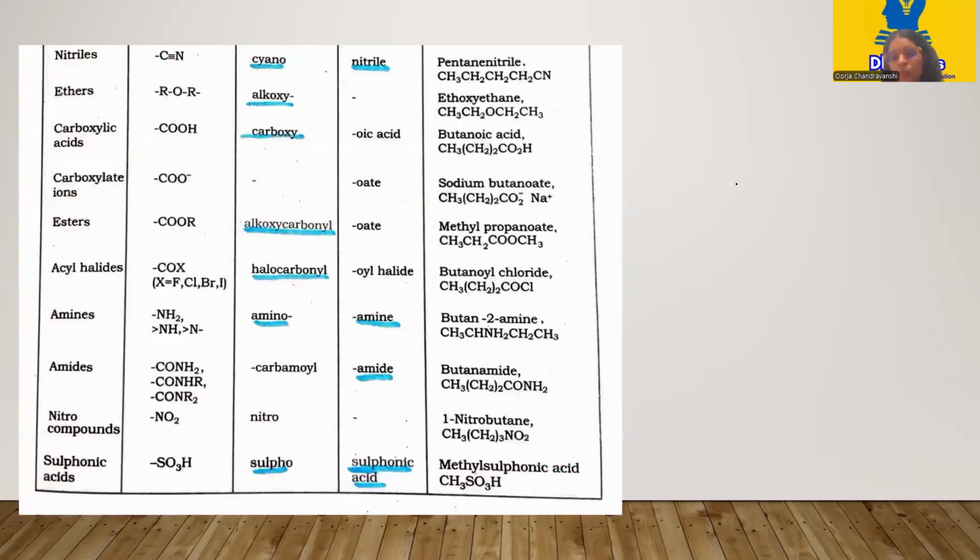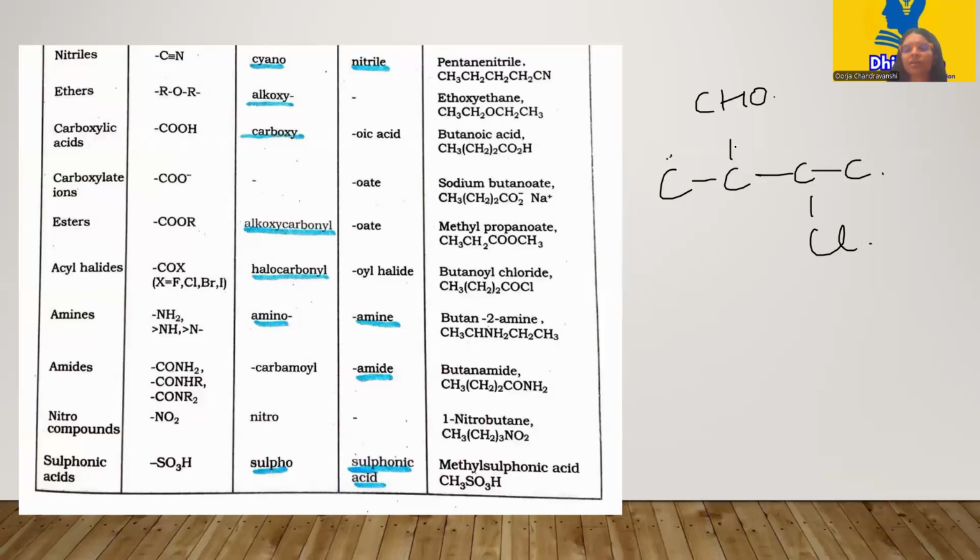Now, coming back to the discussion as to why only some compounds are prefixes and not the others. See, suppose I have two functional groups present. I have CHO and I have Cl.